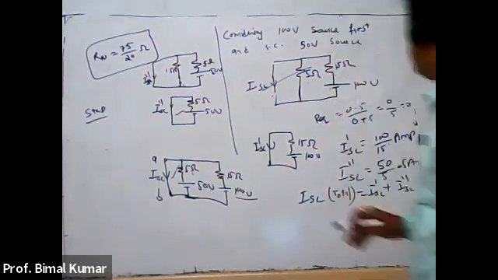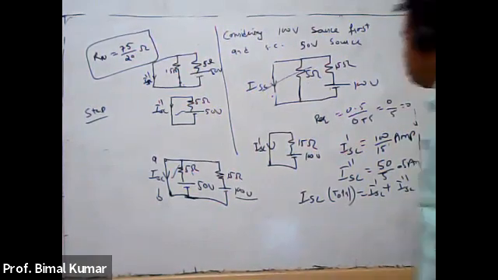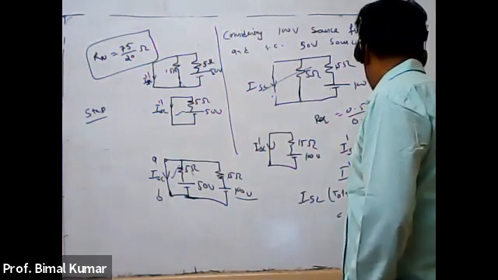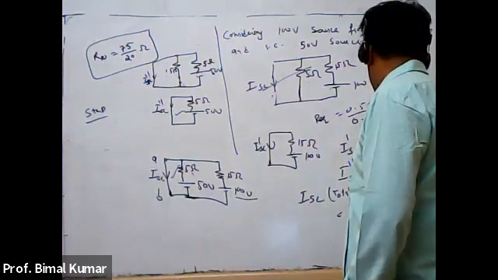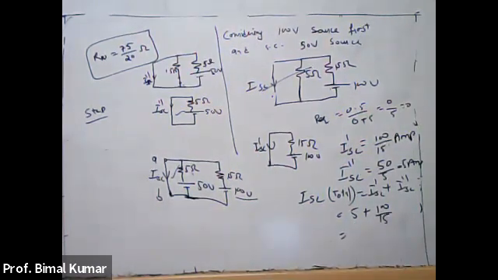If these were in opposite direction, then it would be the subtraction of the two currents. So this will become 5 plus 100 by 15. So you may calculate it. This will be the total current, I Norton, right?